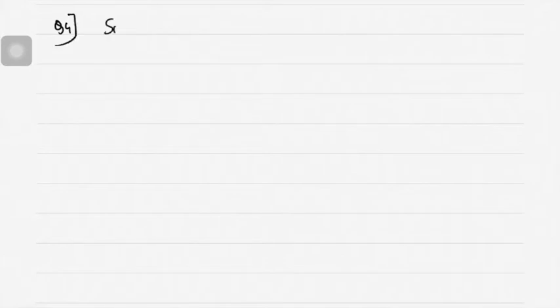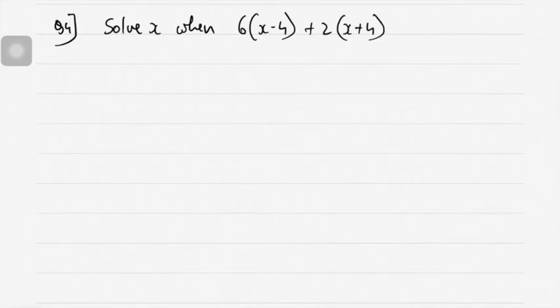Solve x when 6 in the bracket x minus 4 plus 2 into x plus 4 is equal to 16 plus 3 into 2x minus 4. Okay, this is the equation. Let's solve.